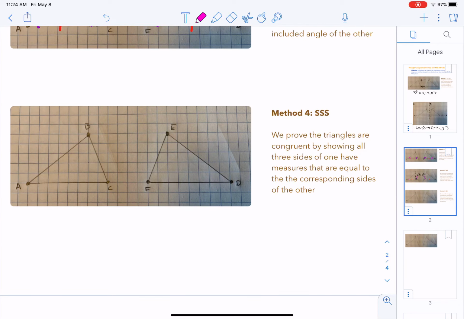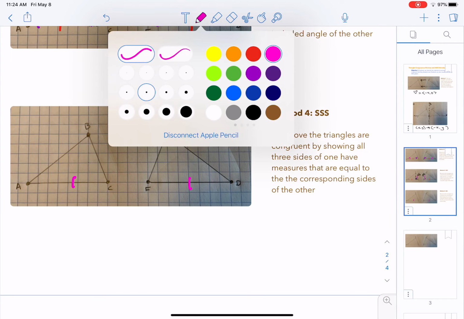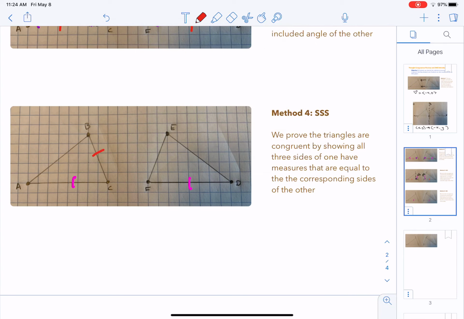Same kind of deal here. We'll toss out the Pythagorean theorem here again. We know just looking at the graph paper that AC is 8 units long. I'll use hot pink for AC, and DF, that's also 8 units long. We just looked and saw that BC was root 29, EF is root 29.